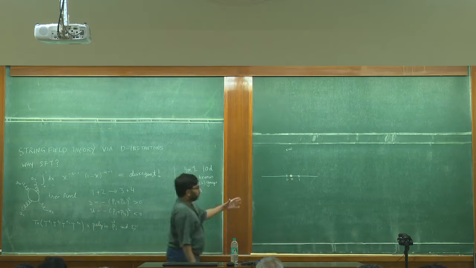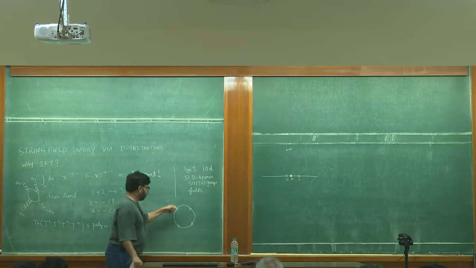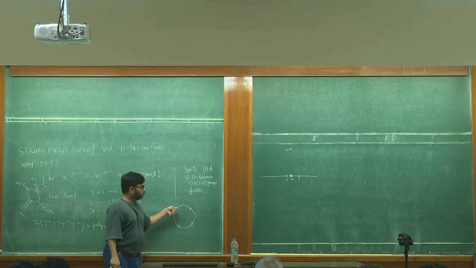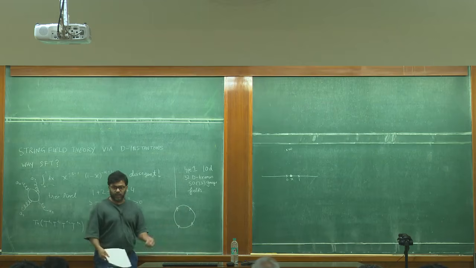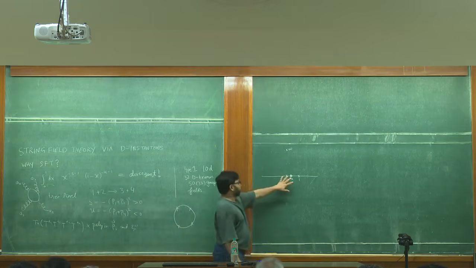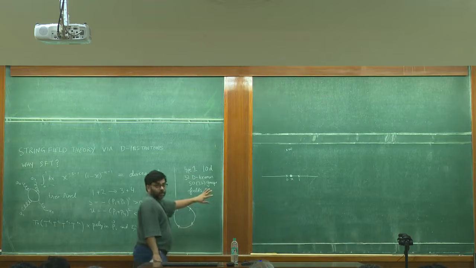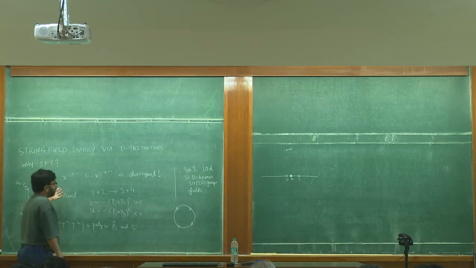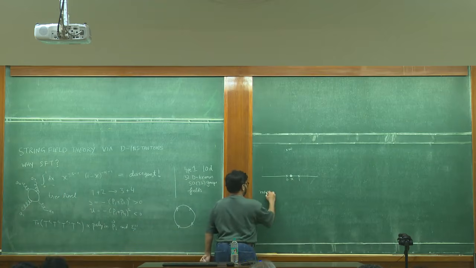Even though you have 4 open string punctures, you might have thought there are 4 coordinates to integrate over, but 3 of them can be fixed using Mobius transformations, SL(2,R), to 0, 1, and infinity, and this 4th puncture is the one which is moving. So that's x, and you integrate over x, so the moduli space here is the line segment 0 to 1.